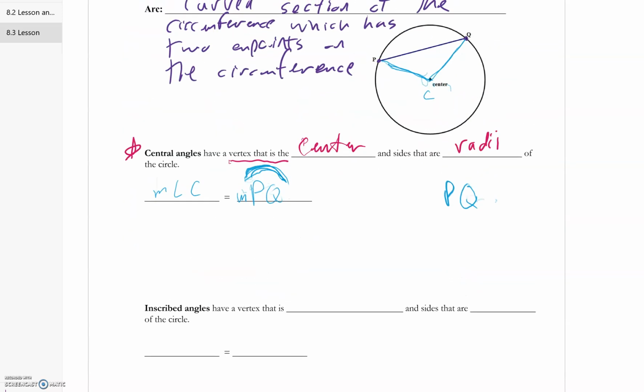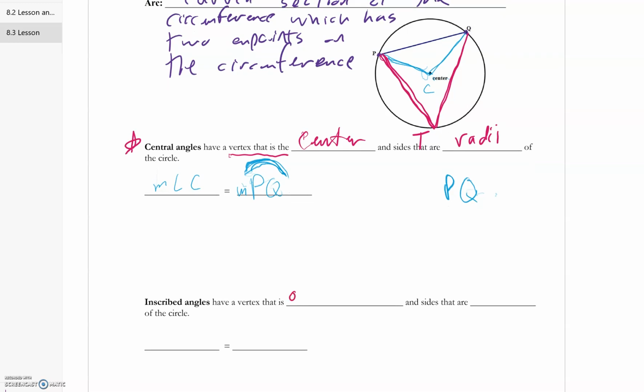An inscribed angle, let me draw an inscribed angle. An inscribed angle goes something like this. Let me call this angle T. Where is its vertex? Its vertex is on the circumference, or on the circle itself.